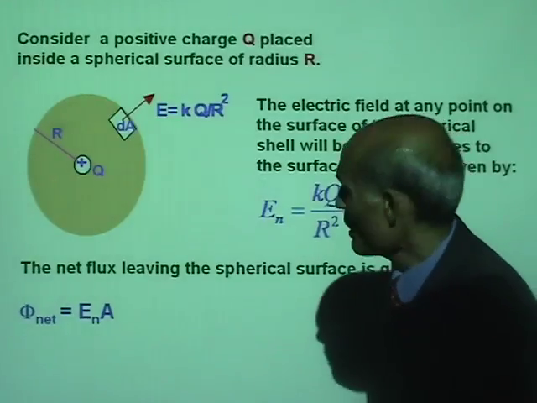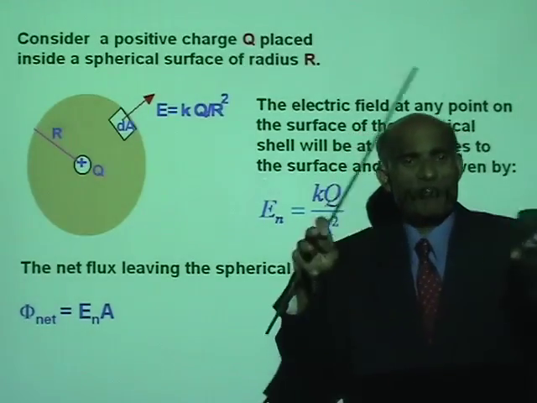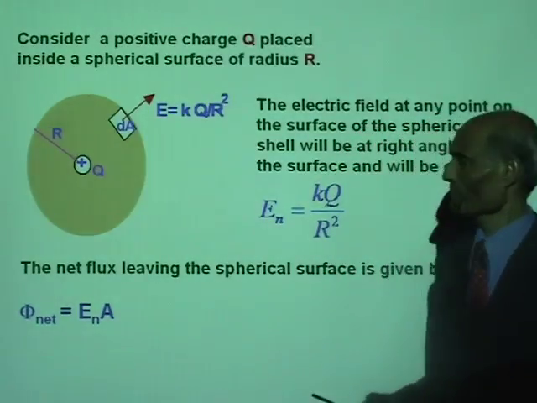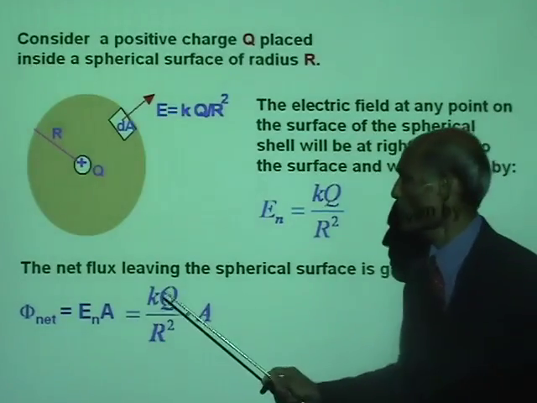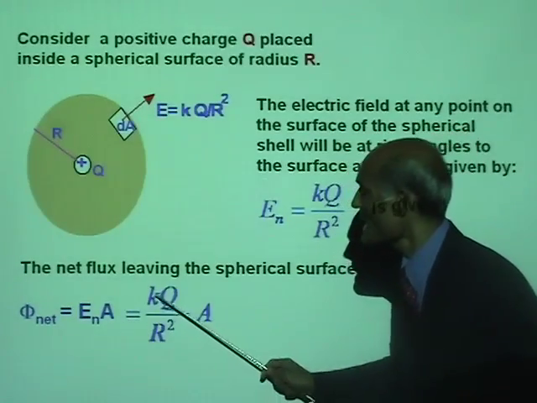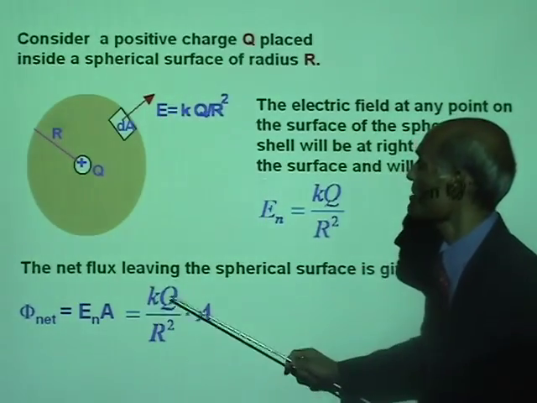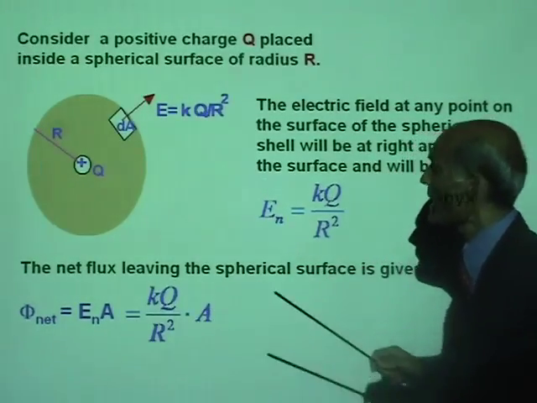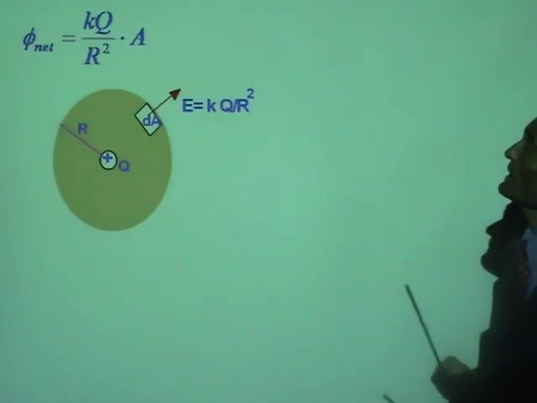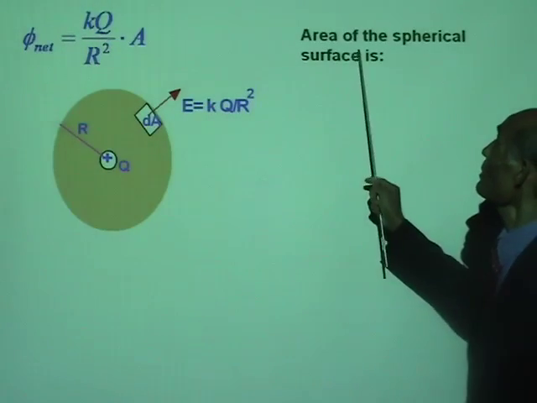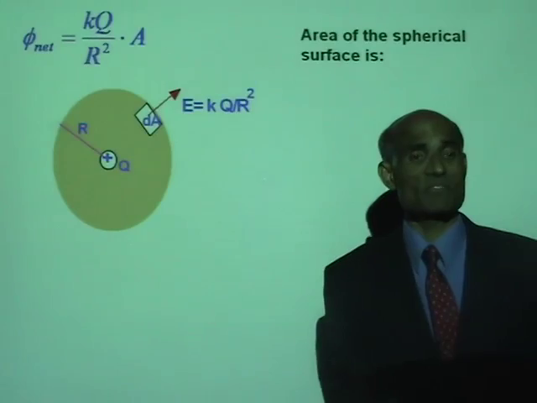Anybody tell me what is the surface area of a sphere? Well, now our E is kq over r squared. Is that right? E equal to kq over r squared, and A is the surface area. Now, what is the surface area of a sphere?